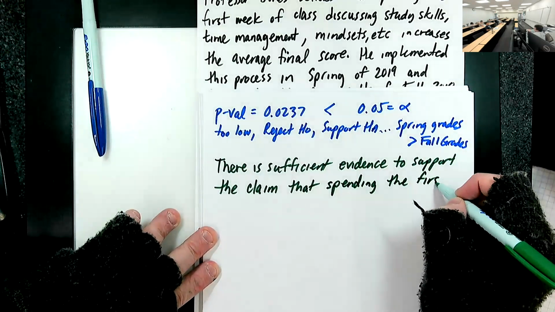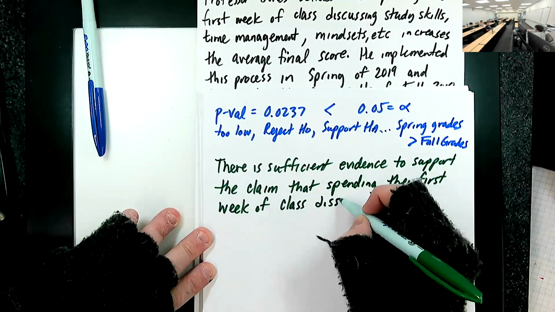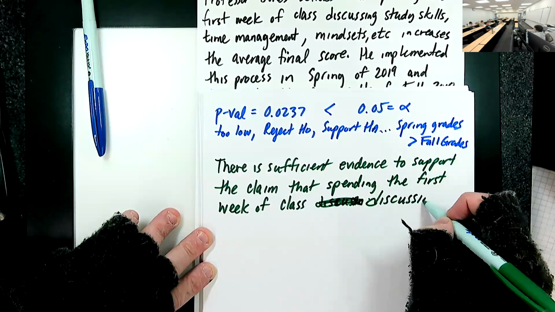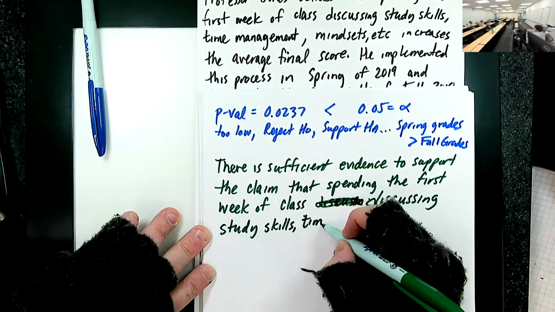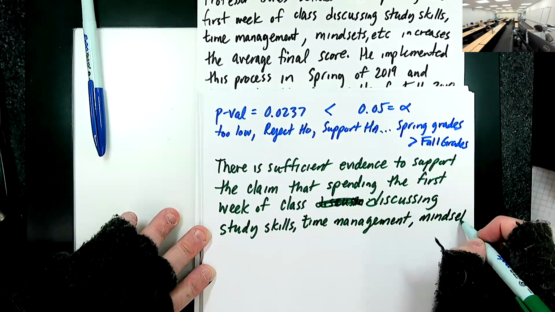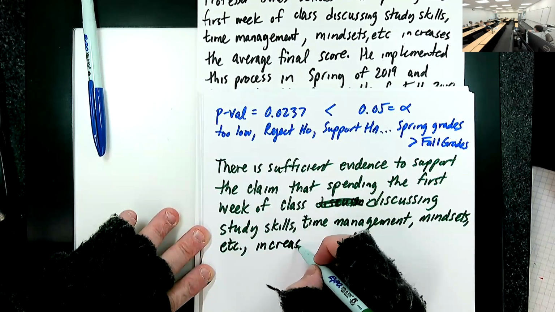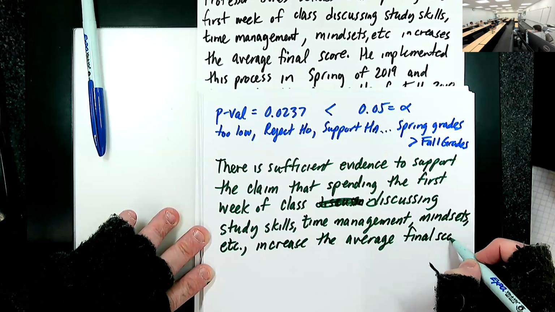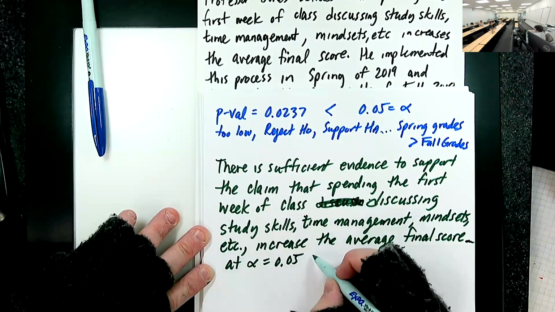Spending the first week of class discussing study skills, time management, mindsets, etc. increases the average final score. At alpha equals 0.05 level of significance.